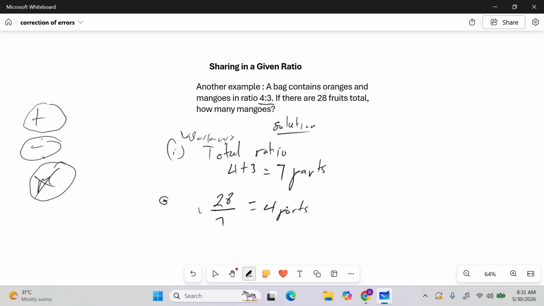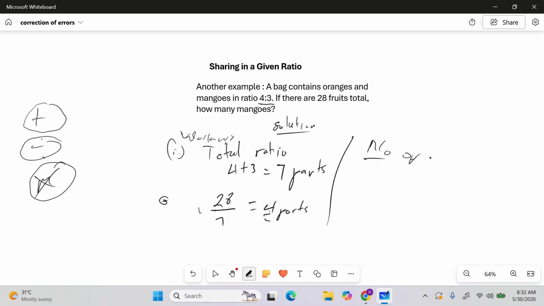And what does it mean? It means that if it's human beings, each person will take 4 parts. If I'm sharing it, 4, 4, 4, 4. But here it is fruit, using the same principle. I have 3 mangoes here. So it means that in the bag, we use this 4 here to multiply the 3 here, that's for mangoes.